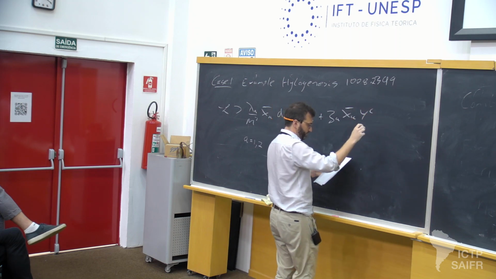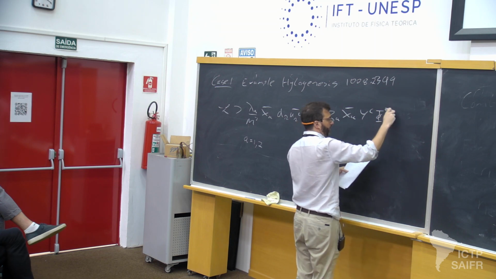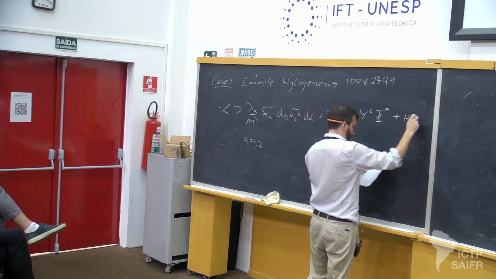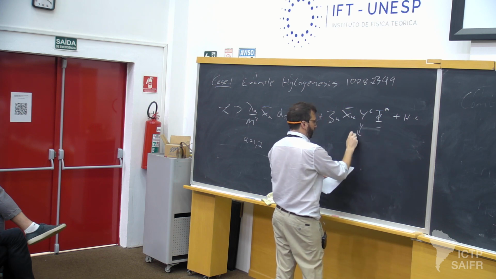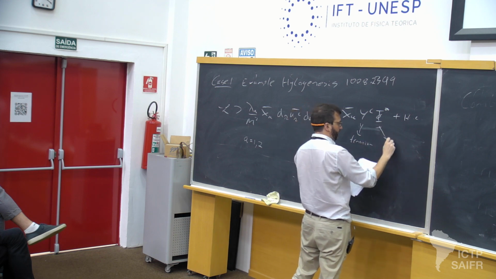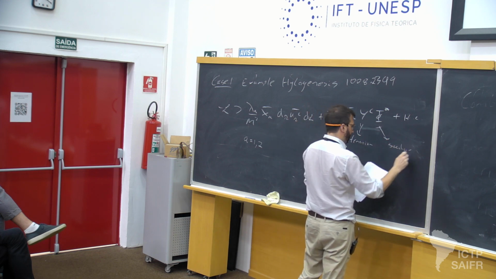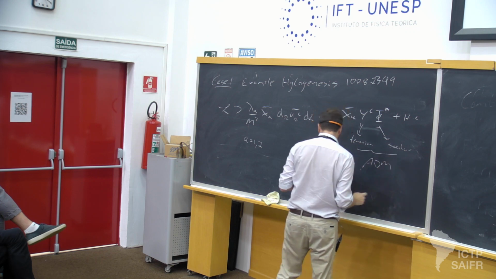And then we're going to have 2 dark matter species here. This is going to be our fermion, and this is going to be a scalar, and these are going to form our asymmetric dark matter.